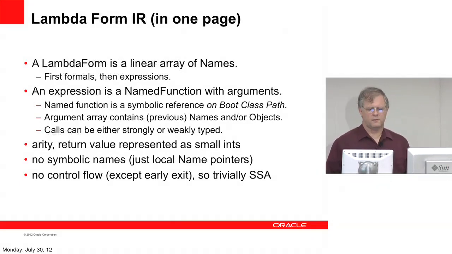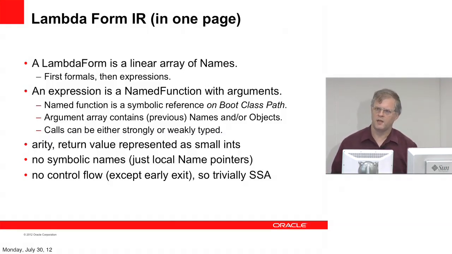Here's the English for that. A linear array of names, first formals and then temporary expressions. That's just a linear structure. Each expression is something called a named function, which is really a symbolic reference, and then an array again of objects.